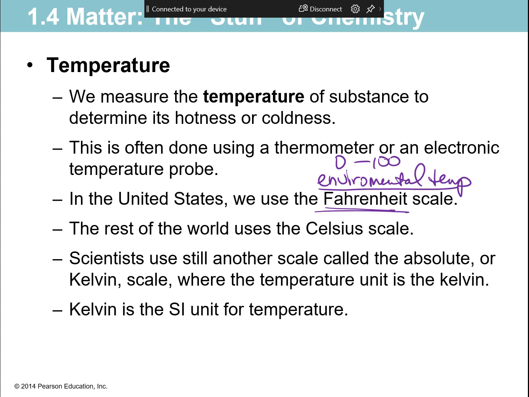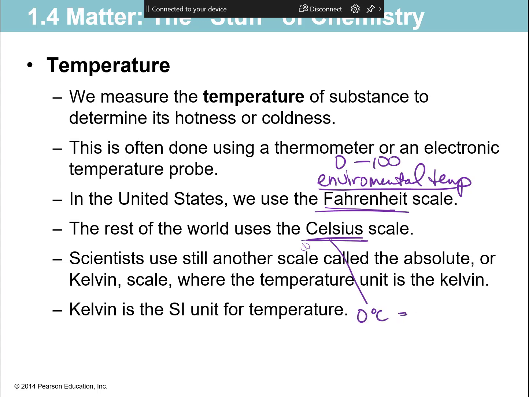But then when they came back into metric, the idea with metric is we want to have it all on a consistency. So just like they did density, they said density of water is 1 gram per milliliter. They made the Celsius scale, where the freezing point and boiling point of water are what the scale is based on.